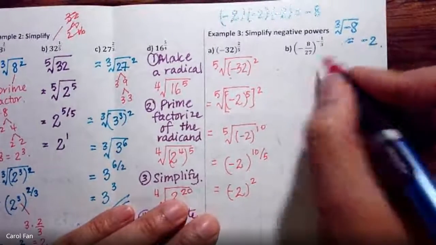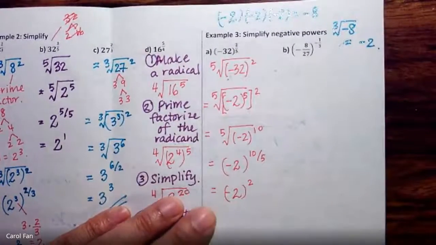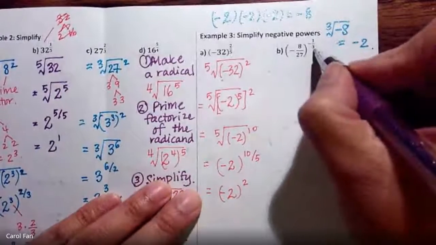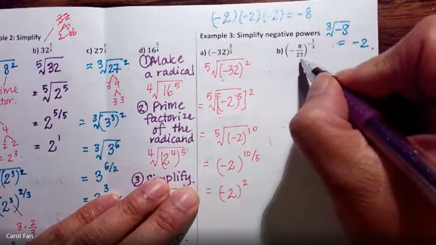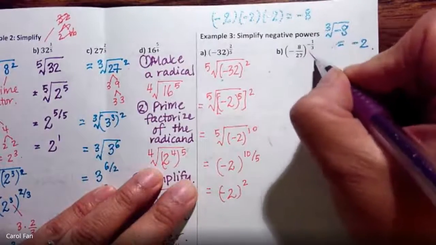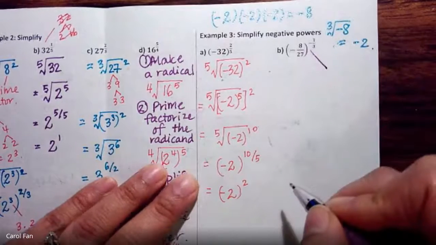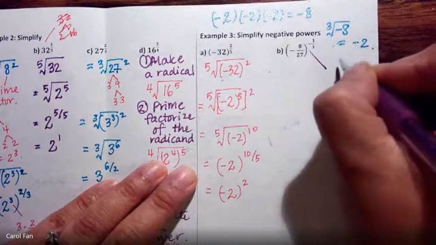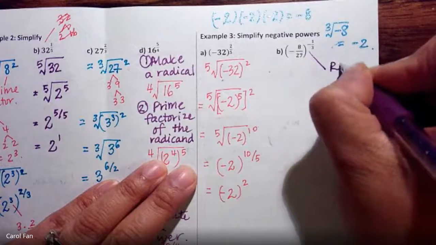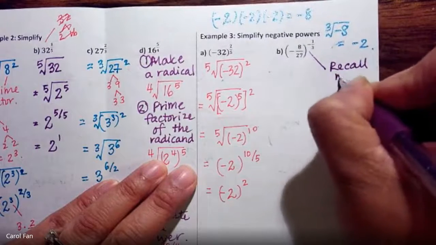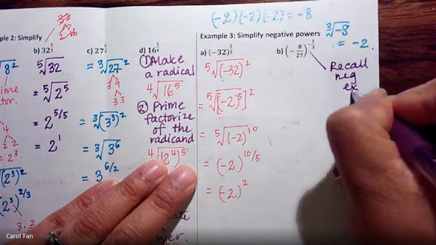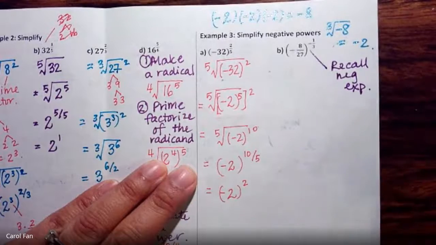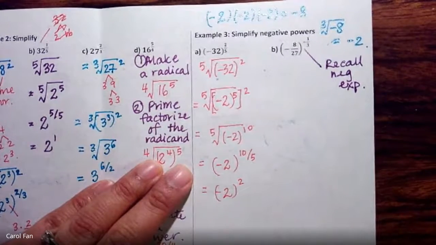Okay, another example like that, except this time we have a negative not only in the base, but there's a negative in our exponent. So remember, our negative exponent means we're going to flip it and take the reciprocal.